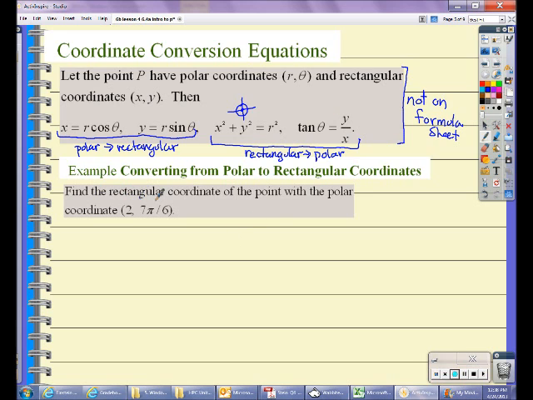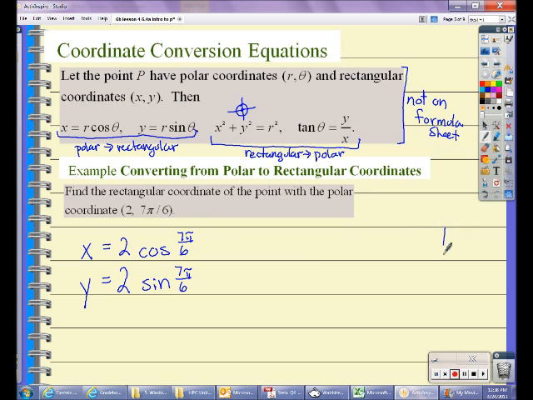We're going to find the rectangular coordinate of the point with the polar coordinate 2, 7 pi over 6. We're going to need to find an x-coordinate and a y-coordinate, so we use the x and y equations. X is r times the cosine of theta. Y is the radius times the sine of theta.